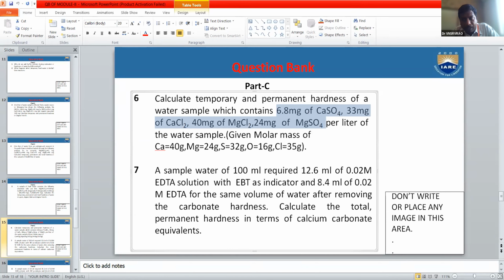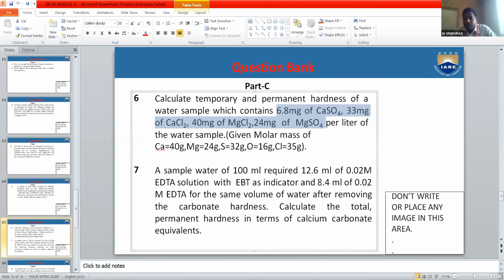What is the formula? Expression of the hardness in terms of equivalence of CaCO3: weight by gram molecular weight into 100. Weight means the amount of the hardness producing substance, divided by the molecular weight of the hardness producing substance, multiplied by 100. Okay? So that is the formula to get the hardness in ppm level.